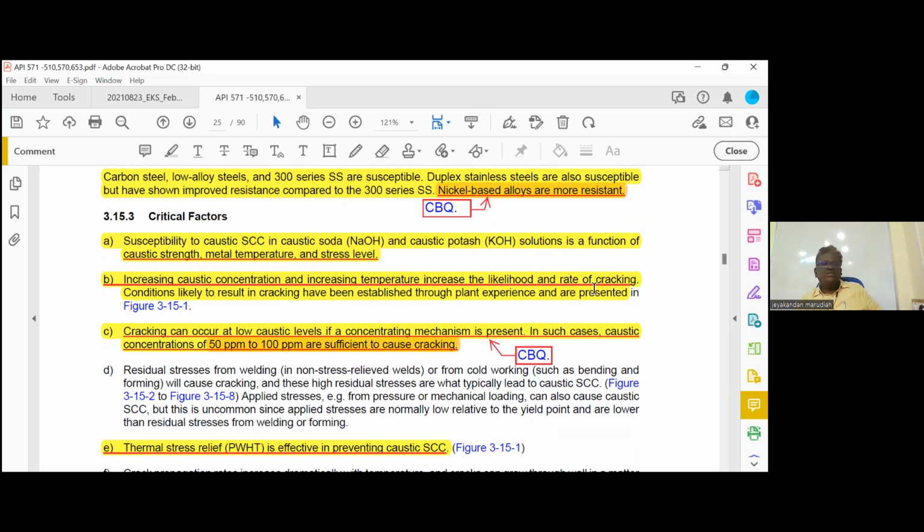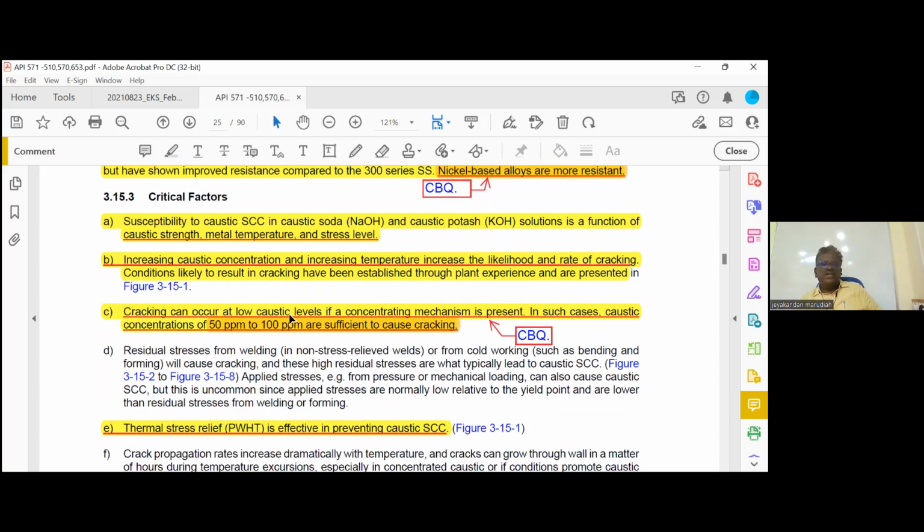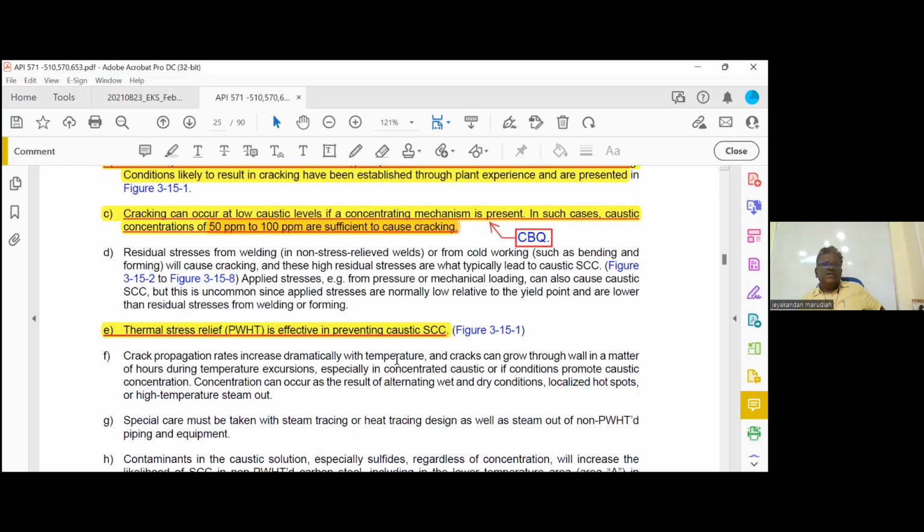That line is important. Cracking can occur at low caustic levels if a concentrating mechanism is present. Caustic concentrations of 50 to 100 ppm are sufficient to cause cracking. So 50 to 100 ppm. That is regularly asked. Close the question. This 50 to 100 ppm. Then PWHT is effective. So the corrective action for stress corrosion cracking is PWHT at 1150.